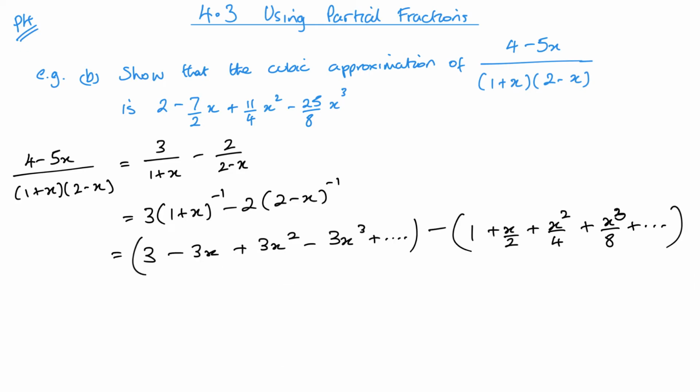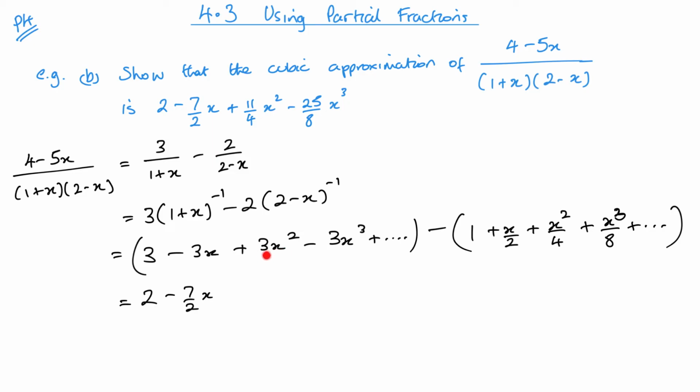Now putting both of these expansions back together in my original expression, don't forget this minus sign needs to be present. So now it's just a matter of sorting this out. We've got 3 take away 1, so that's going to be 2. We've got minus 3x, take away a half x, which is minus 3.5x or minus 7 over 2 x.